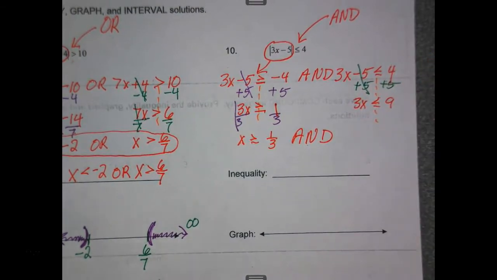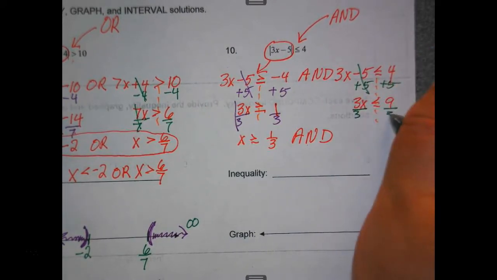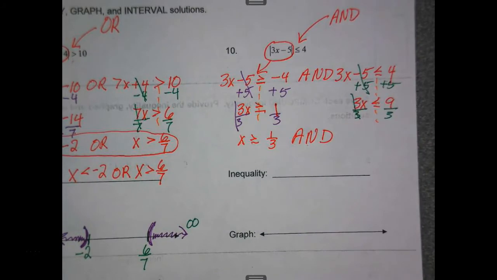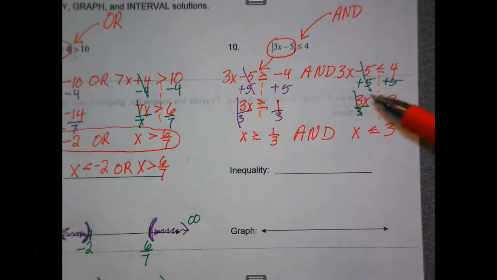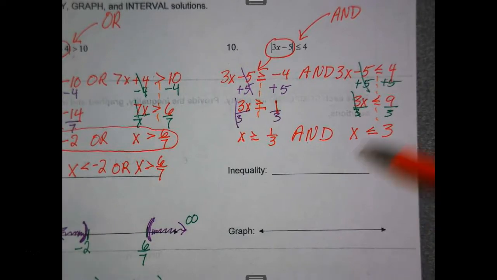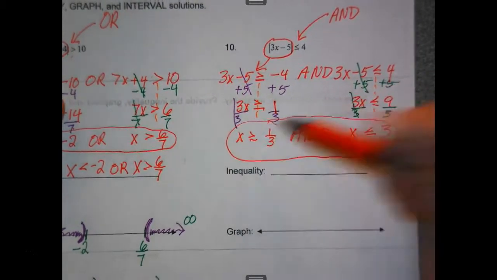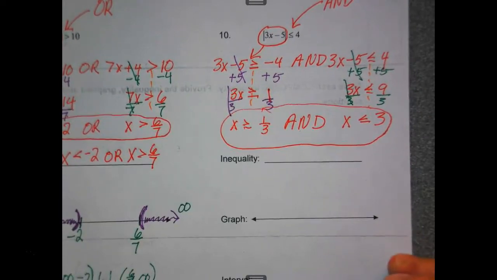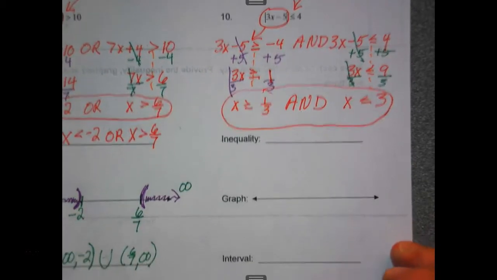Divide by 3, divide by 3. I get x is less than or equal to 3. That's my inequality statement. If you don't feel like rewriting it in the line, please circle it so I can find it easily. If I can't find it easily anymore, I think I might just throw your paper away.